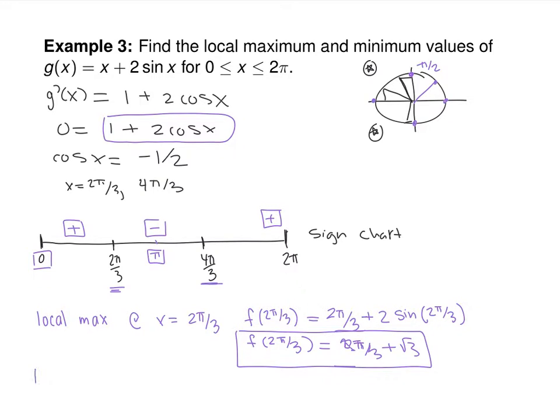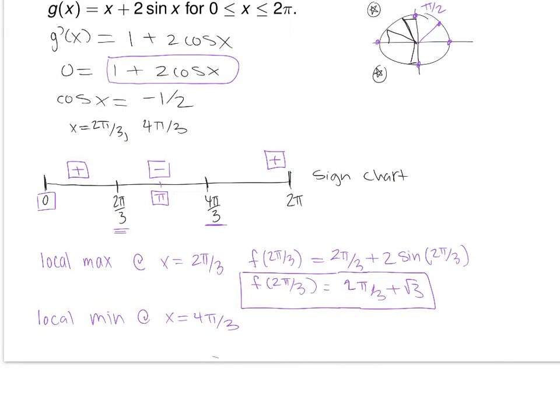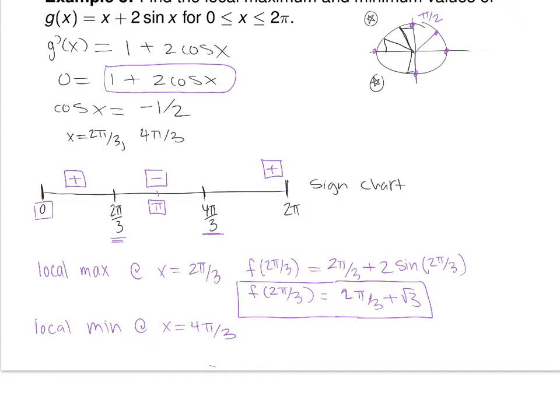Okay, how about at 4 pi thirds? Is it a min or a max? Min. And then plugging in 4 pi thirds, that will be 4 pi thirds plus 2 sine of 4 pi thirds.